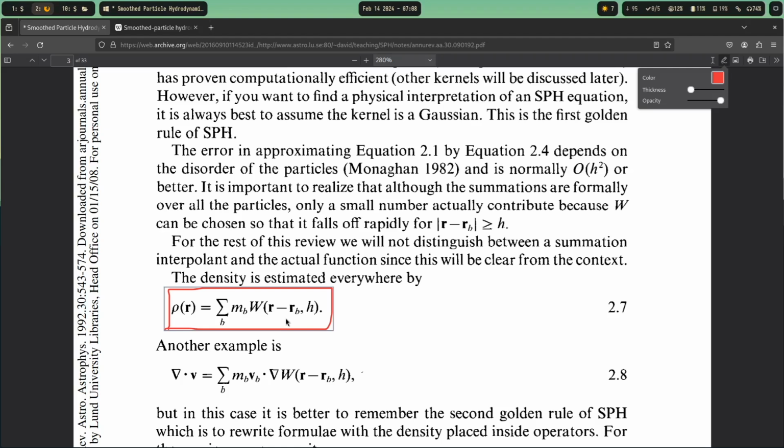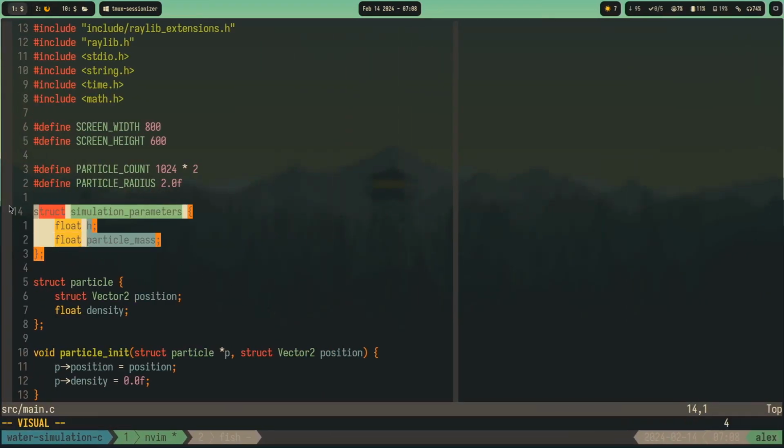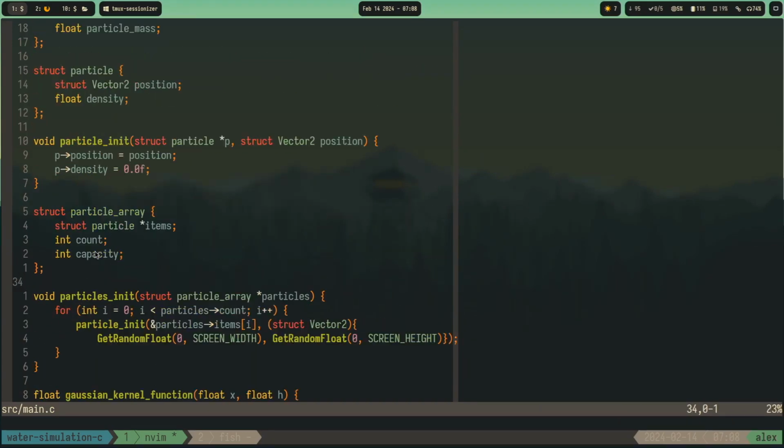We could also use defines and override them, but I'm not sure about that, right? So let's just stick with a structure that we can pass in.